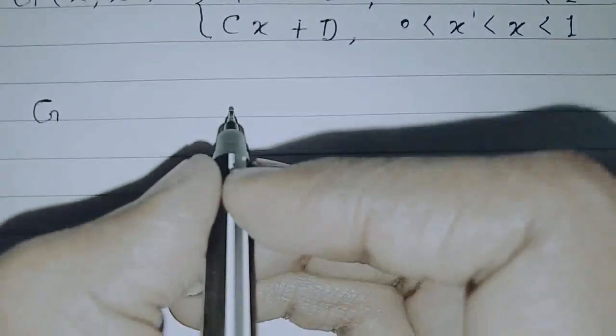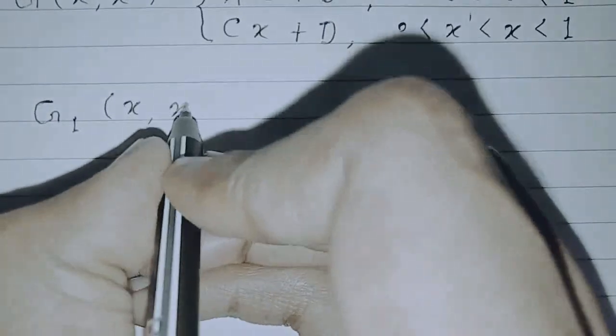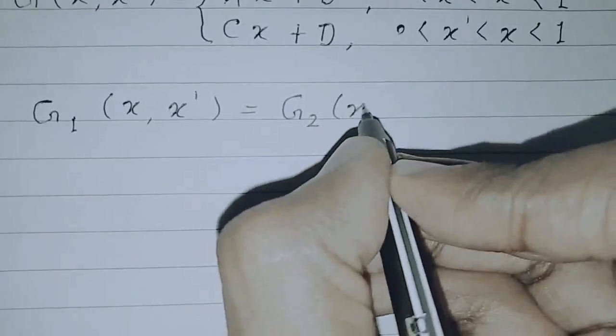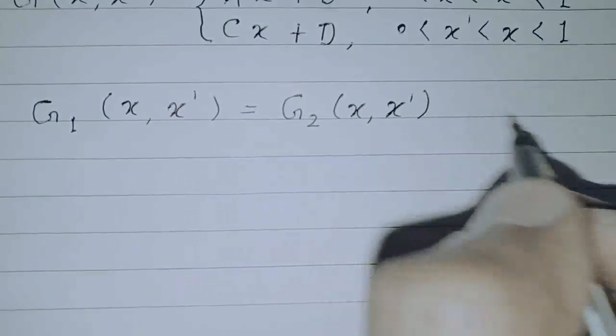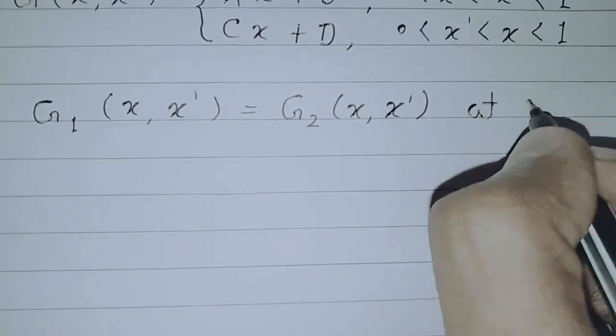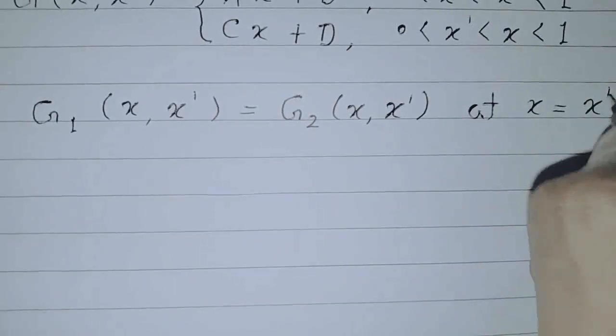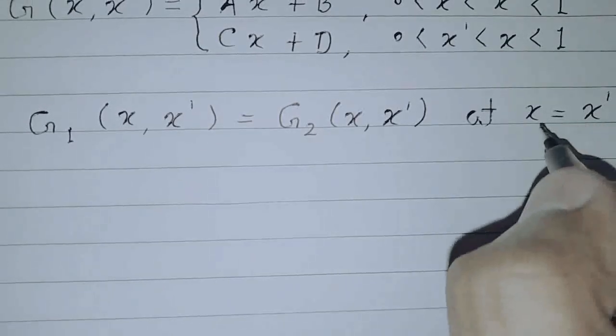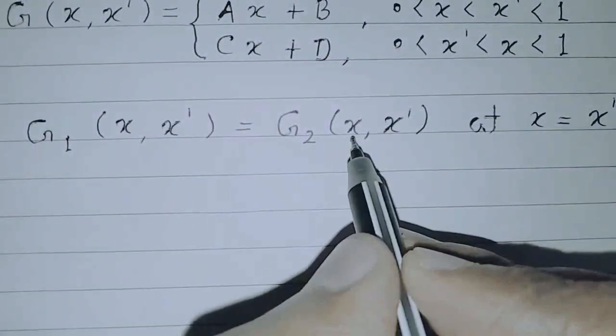Therefore when x equals x dash, then which says that at x equals x dash in the interval which is given in this problem to be 0 to 1, the Green's function g is continuous.